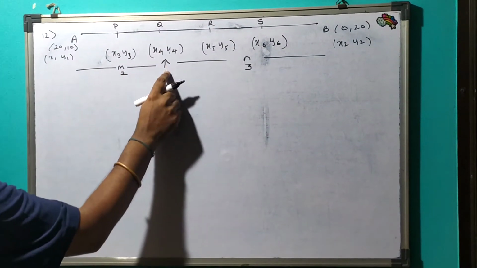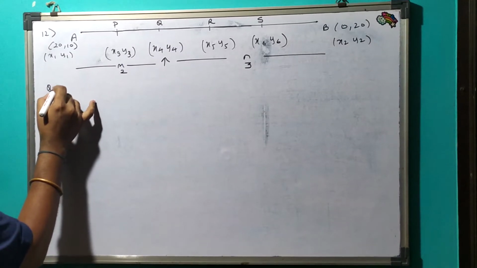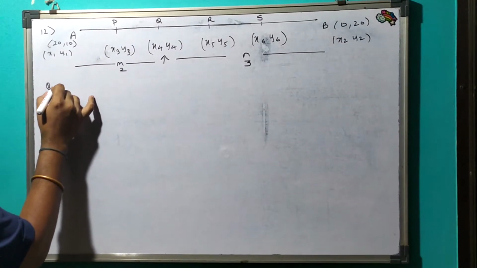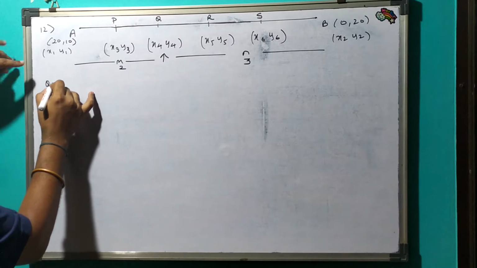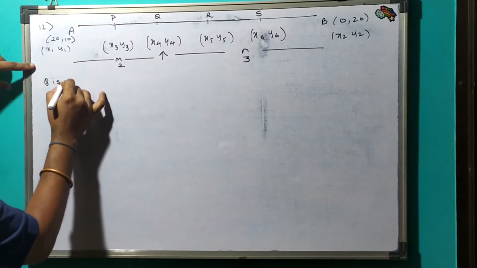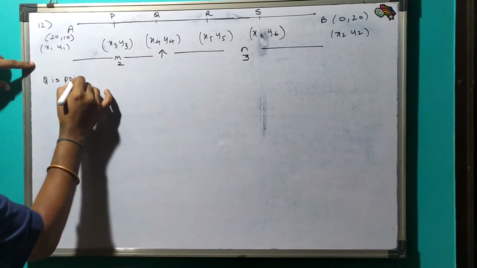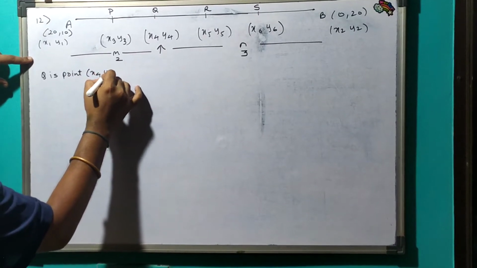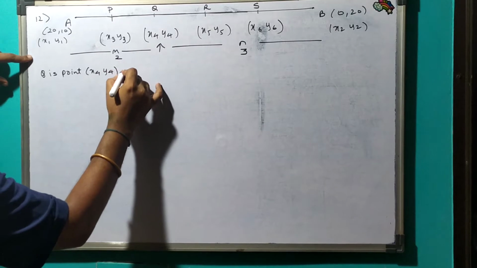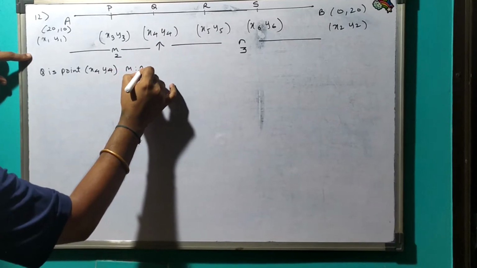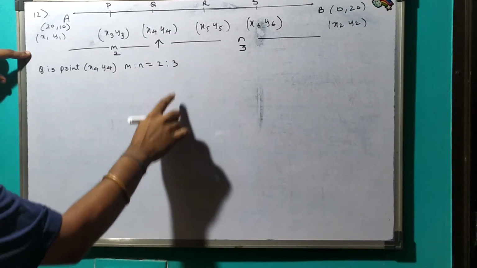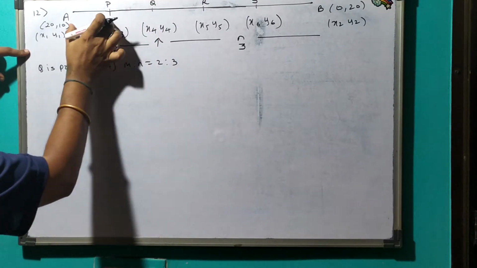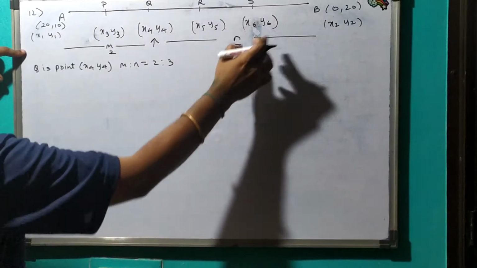First I will find Q. Q is the point with coordinates x4, y4, and for that M is to N is 2 is to 3. For Q, this is 2 parts hence 2, these are 3 parts hence 3.